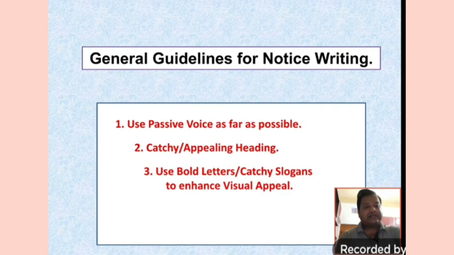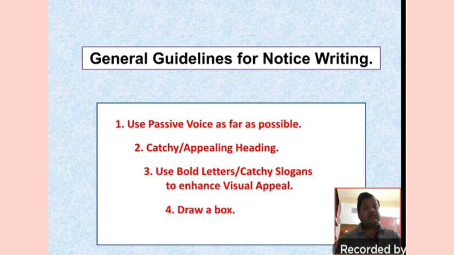And the last but not the least, having written a notice, make sure that you put that notice within a box. So draw a box around the notice, because it again enhances the visual appeal of your notice.